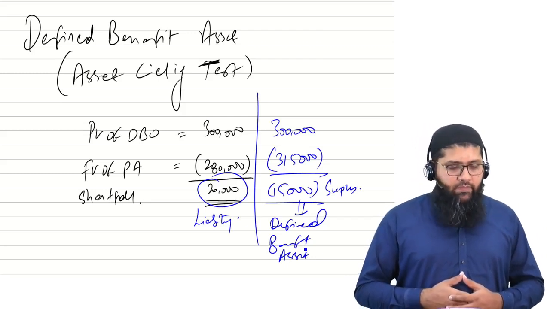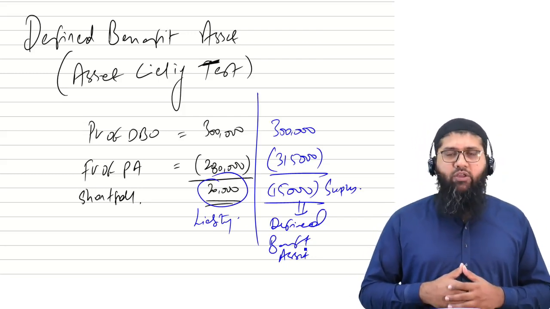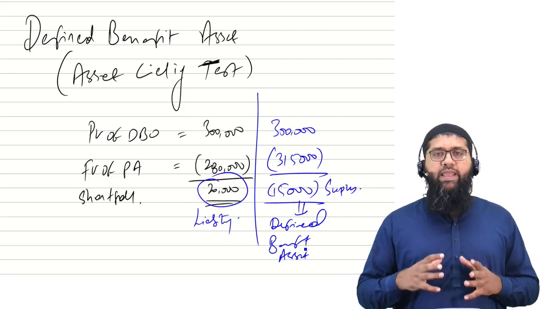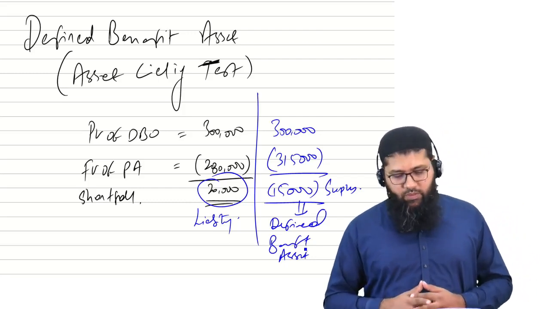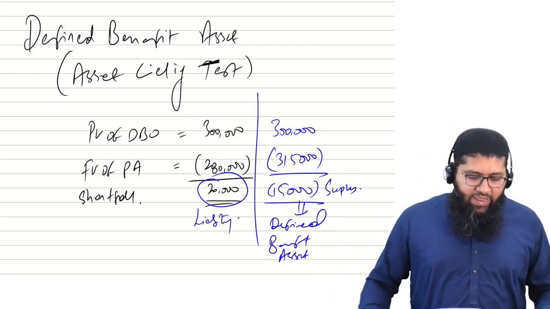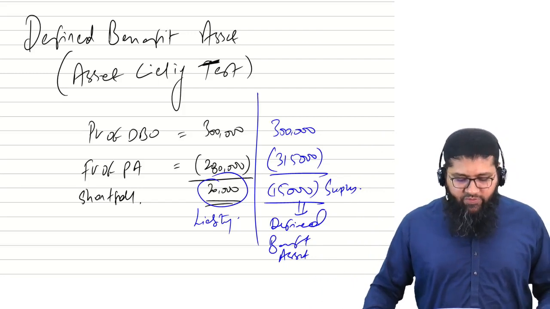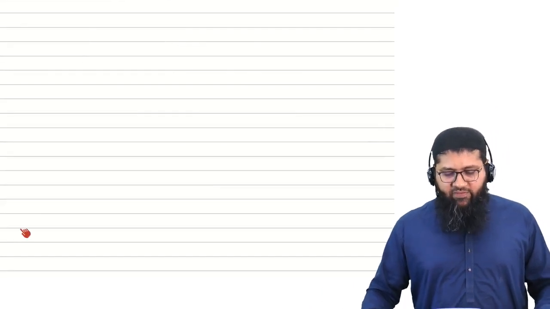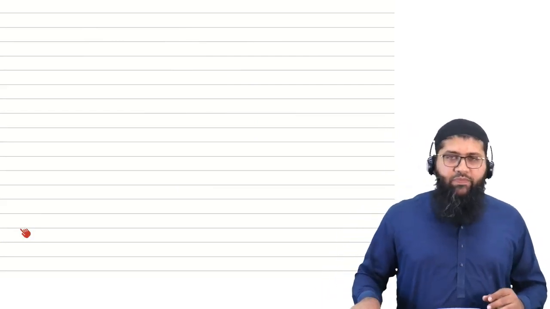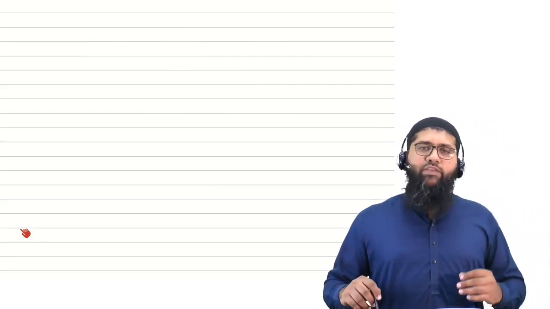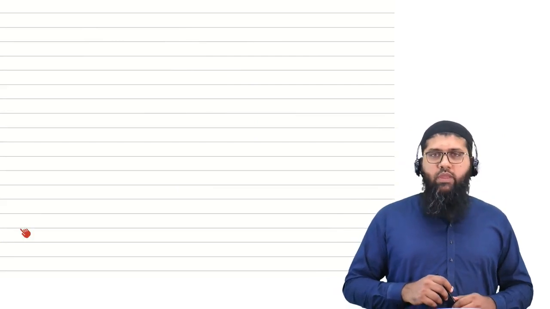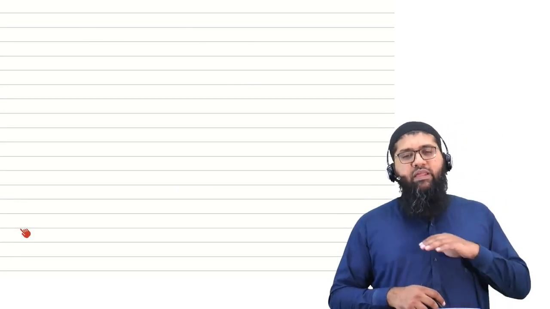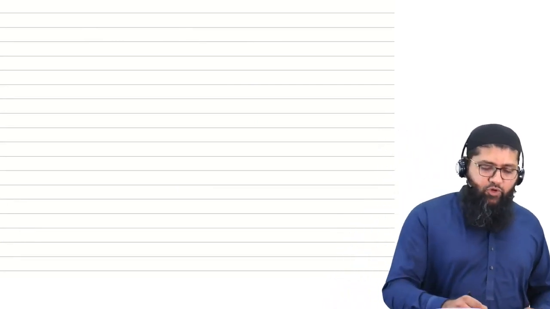Now, basically, what's going to happen now, try to understand. So IAS 19 says that there is a limit to which the asset could be recognized.